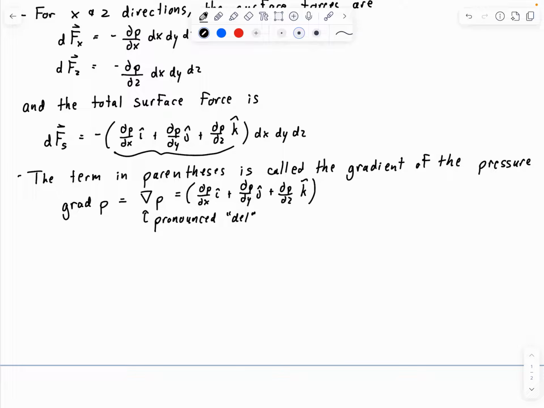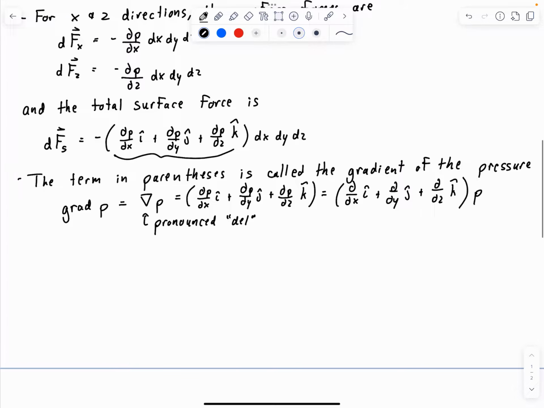And so this is the gradient of the pressure, but we can also separate out that gradient operator and write the gradient operator as simply del by del x in the i direction plus del by del y in the j direction plus del by del z in the k direction, and we can apply that expression to P. So these are a couple of different ways to write the pressure gradient.